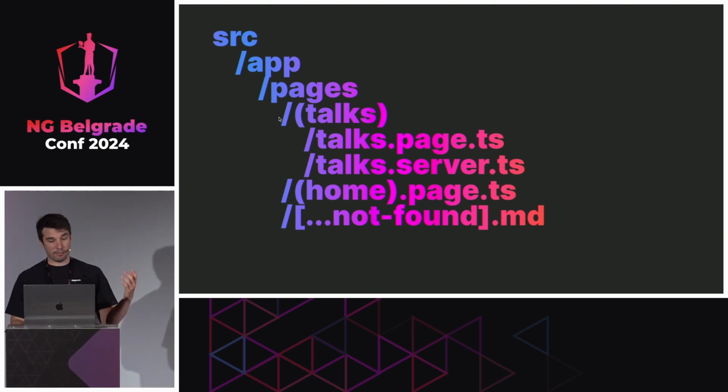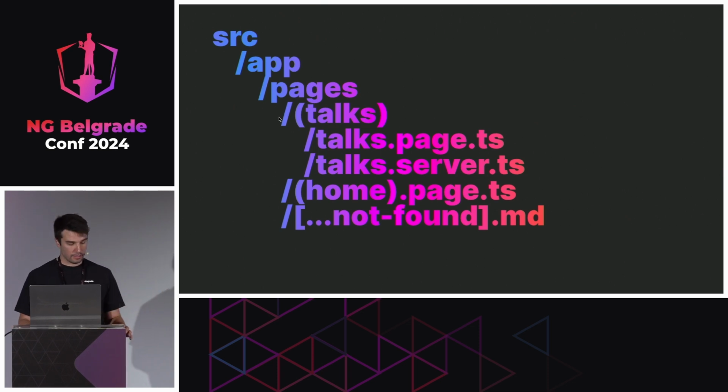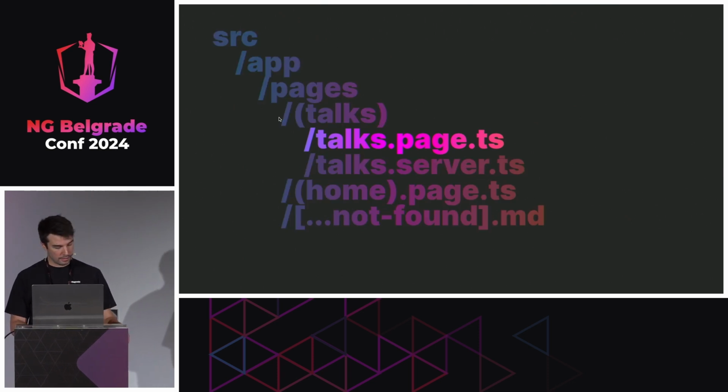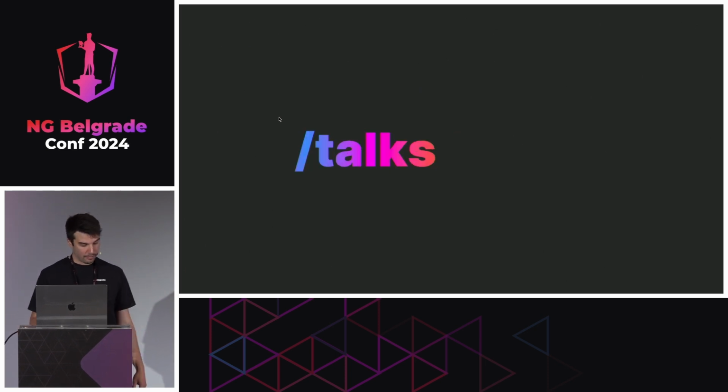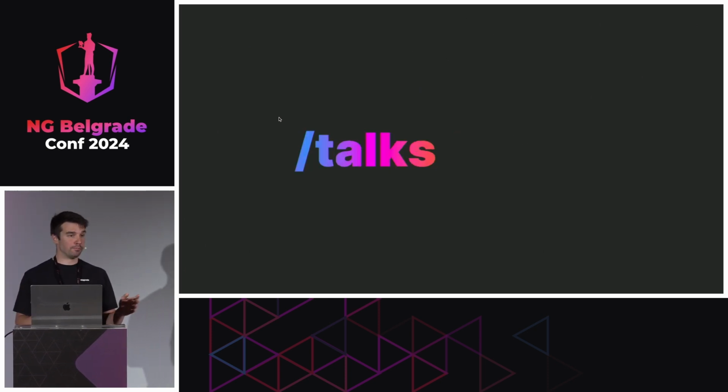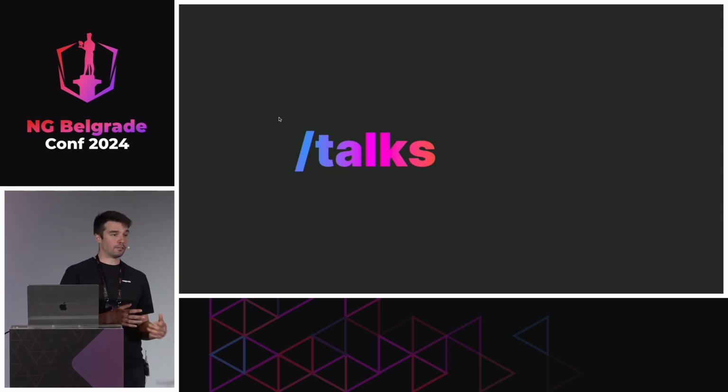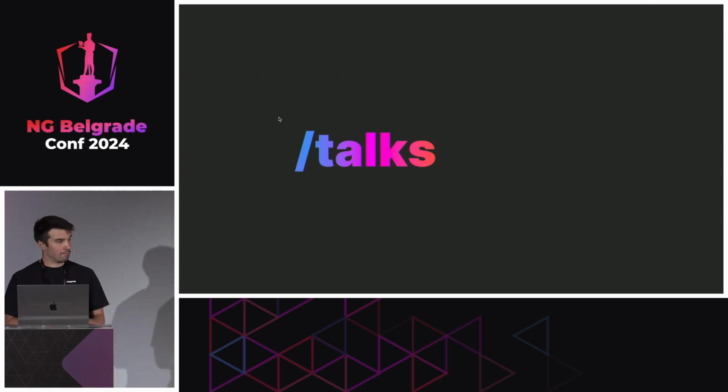And I have a pathless talks component, and I have a talks.page.ts file right here. So that's going to turn into a talks route. There's no manual wiring up you do. There's no route files you have to manage. Simply by following that same convention that you use on the server on the front end, Analog takes all of that and puts your components and routes in the right place.